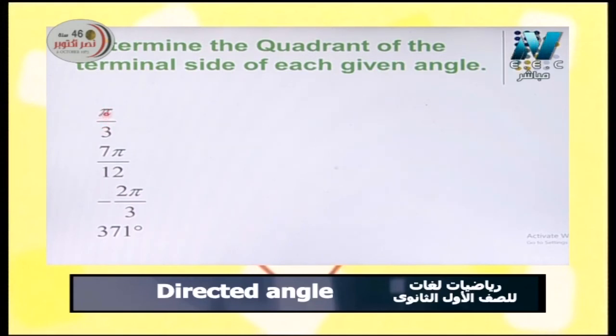It will give you the degree measure. 7 times 180 over 12, and negative 2 times 180 over 3. And try to find out what quadrant it will be in.